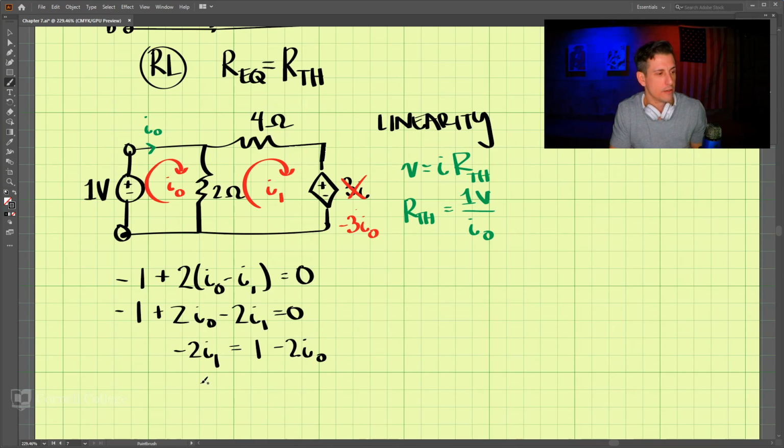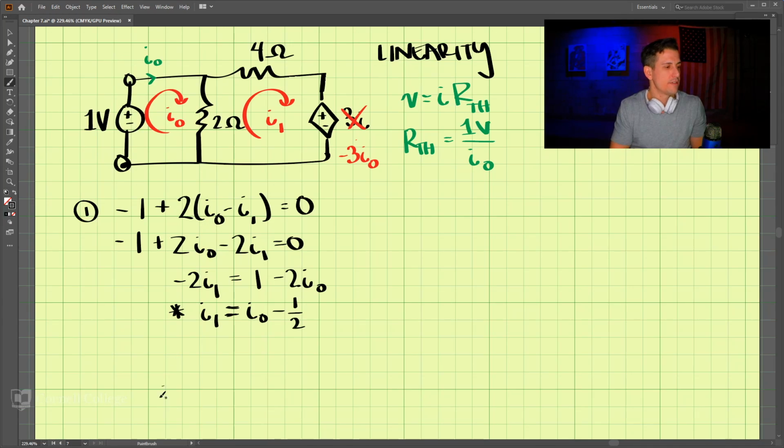Then we solve for I1, which is equal to I naught minus 1/2. So that can be our first equation. That is the first loop here.